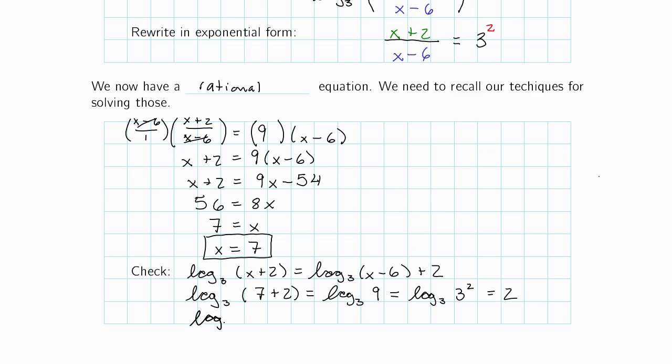The log base 3 of 7 minus 6, plus 2, that's the log base 3 of 1, plus 2. The log base anything of 1 is 0, so this is 0 plus 2, which is 2. So both sides of my equation do indeed work out to 2.